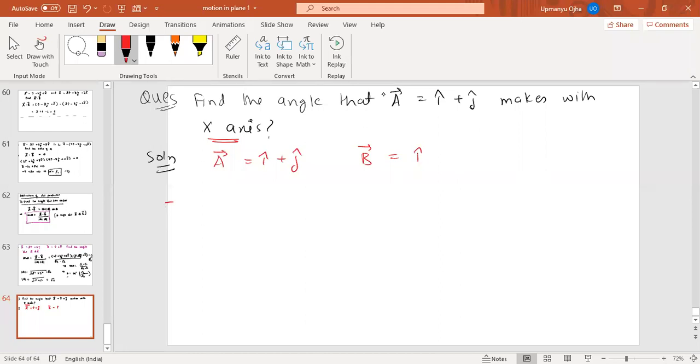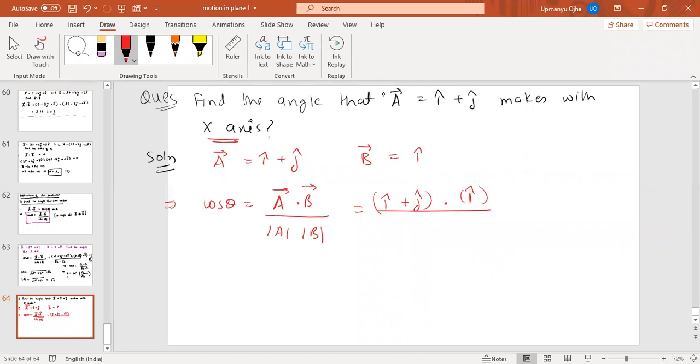So cos theta is equal to a vector dot b vector divided by mod of a mod of b. So a vector is i cap plus j cap, dot of b vector is i cap, divided by mod of a mod of b.